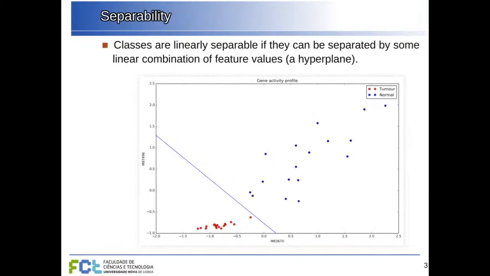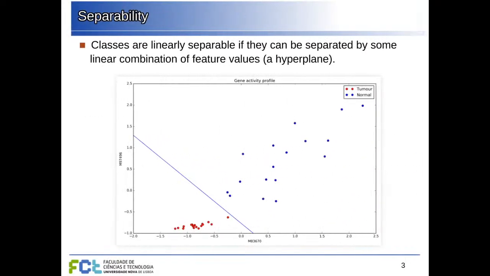So first, this idea of separability. Let's suppose we have this data set. In this case, the blue dots represent normal cells and the red dots represent tumor cells, and the two axes are two feature values, two things that we measure in order to make the prediction about the class: the activities of two different genes.